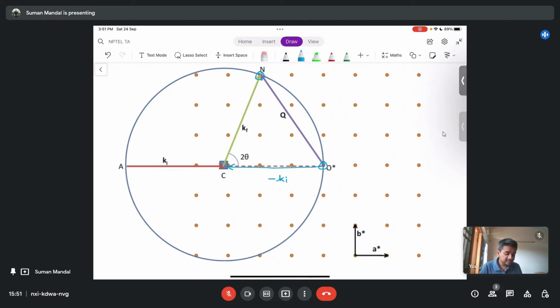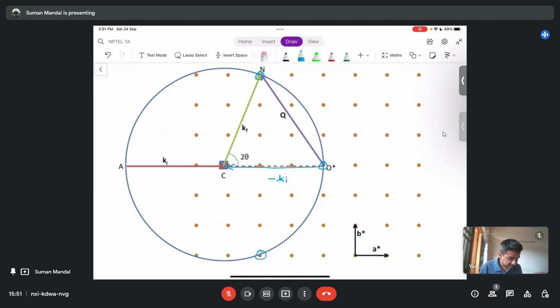Depending on the direction, you can move the crystal, or you can change the incoming wave's direction. So this is 2 theta. The leaving wave vector can be on any of these points of the circle, or sphere in 3 dimensions, and only when it intersects a certain point do we get diffraction.